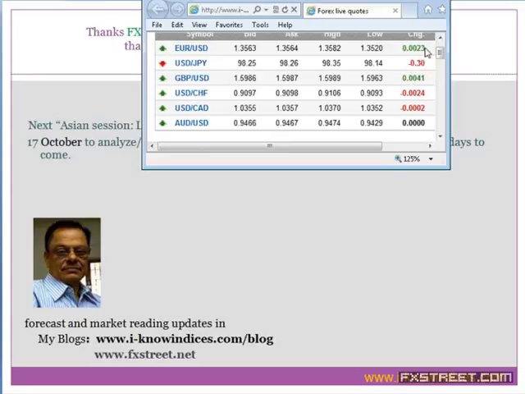So now you look into the other market, Euro, GBP and Australian dollar are in positive net change, almost zero here. But in the case of denominator currencies, USD, CHF and Canadian dollar are showing negative net change.